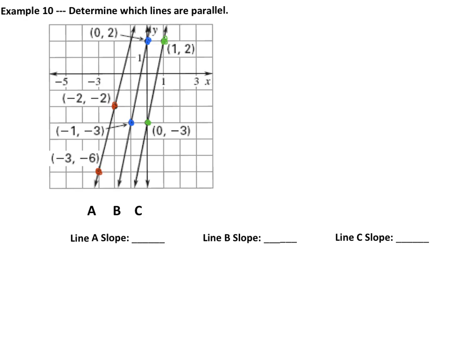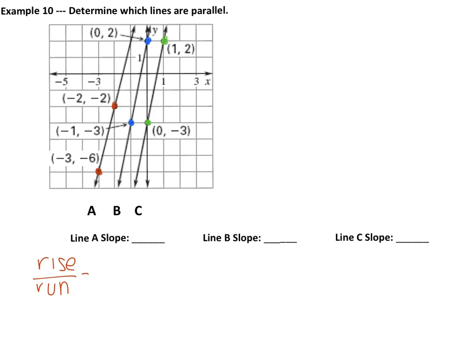Okay, for this last example, example 10, you need to determine which lines are parallel. As you can see, I've color-coded mine because it's kind of hard to read on your graph. If you'd like to do something like that on your own, you can pause the video and start that. But we are going to count the rise and run of each of these.